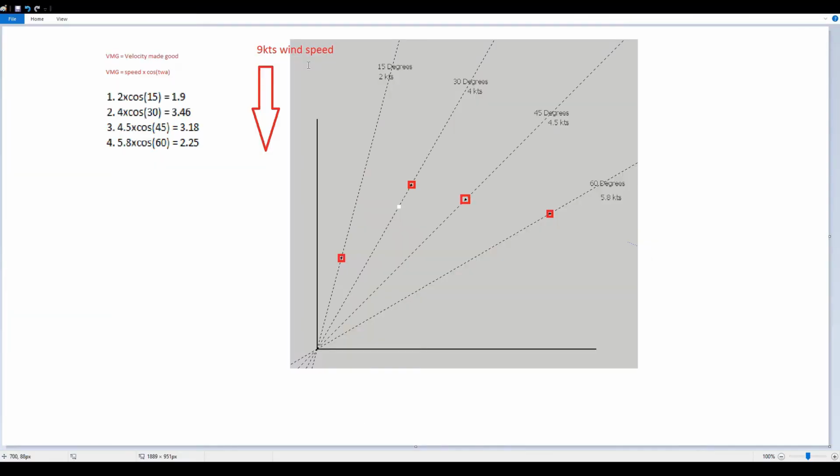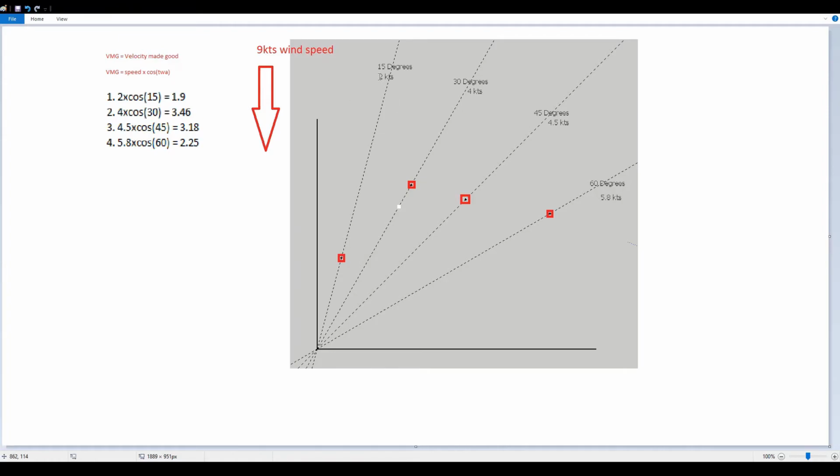Let's have a look at this in a different graphical way for VMG. The parameters are that we have 9 knots headwind, and I'm using the calculation of boat speed, not speed over ground, and the cos of the angle. So in SketchUp I quickly made this diagram, and we've got 15 degrees, 30 degrees, 45 degrees, and 60 degrees. I quickly checked the speeds that I would get for each of these angles at 9 knots.